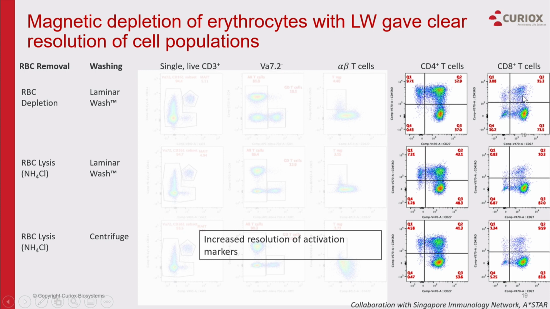There will be differences between the CD4 and CD8 populations. Again, here this is showing the ammonium chloride lyse. CD8 seems to be very affected by the ammonium chloride lyse. CD4 a little bit, but down here we're getting a lot of depletion of our memory CD8 positive T cells.